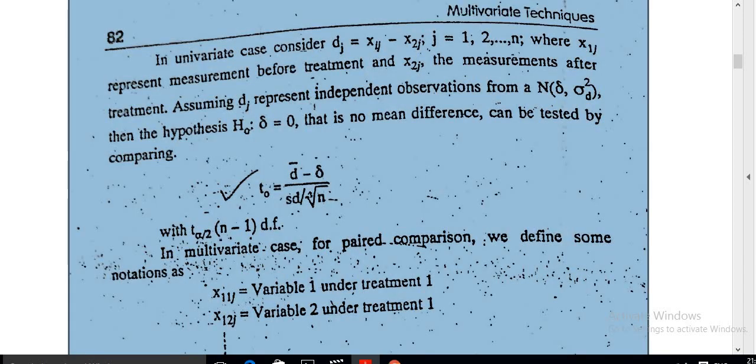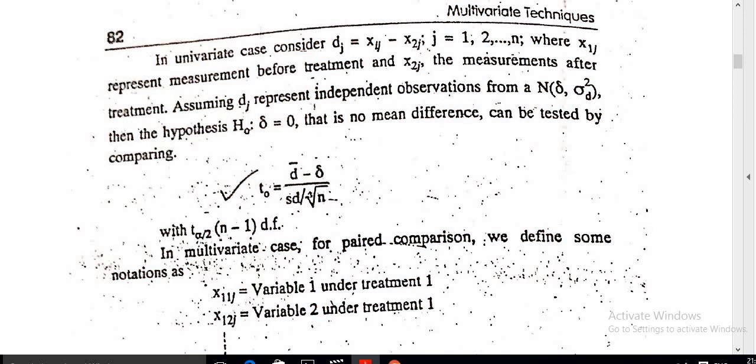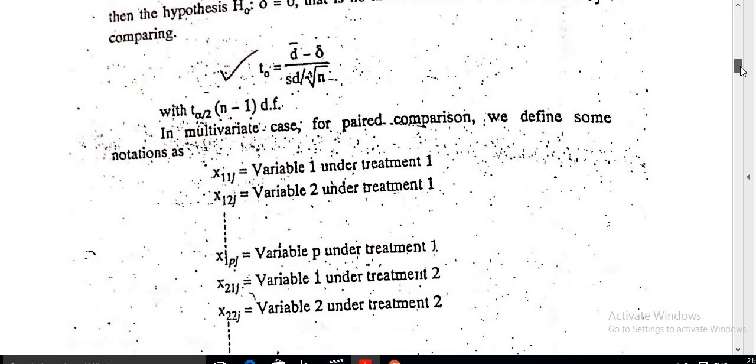Now we take the difference of these two observations and then the mean of this difference, which is denoted by D bar, and delta is taken as the difference between means. It may be 0 or any other value. t naught is equal to D bar minus delta divided by SD divided by root N, where N is the number of observations. Degree of freedom for this test is N minus 1. This is the case when we use this test for paired comparisons in the univariate case.